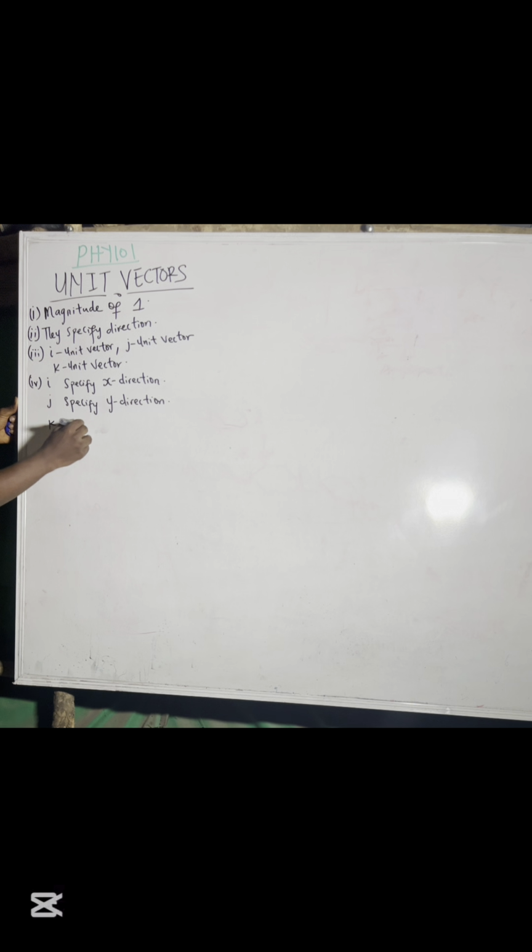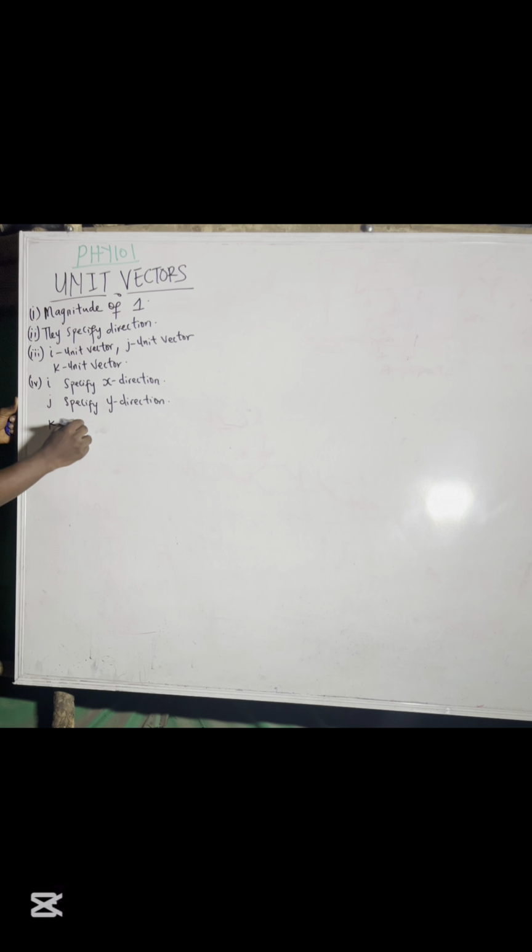The next thing, guys, is that I should look for A cap. Don't forget that once you hear the word A cap, it simply means unit vector of A. This is number 7, which is A cap.